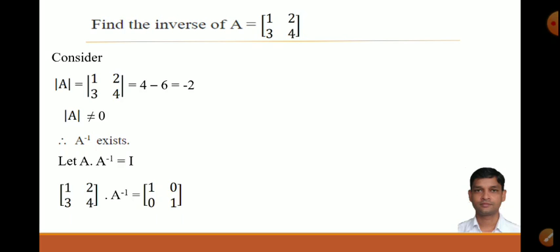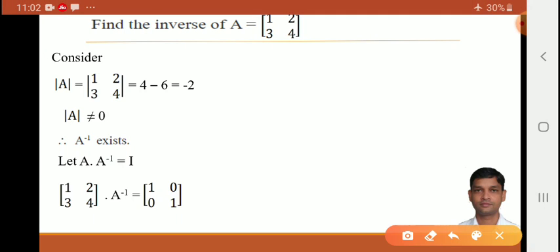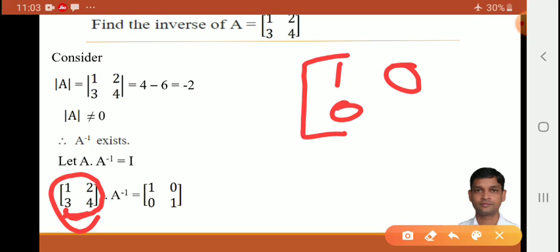Now at the first position we have to adjust 1, but there is already 1, so there is nothing to do with that. Now in the next step, at the place of 3, we have to reduce this matrix to identity, 1 0 0 1.